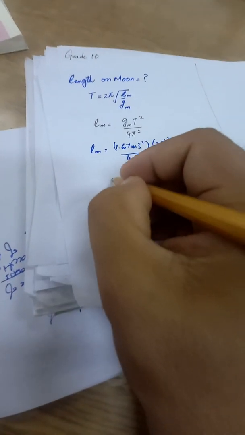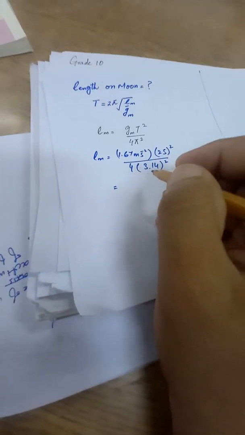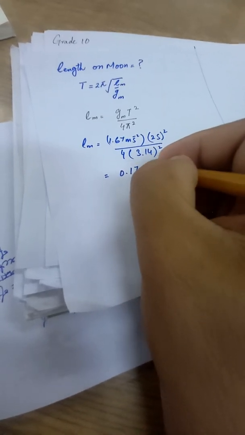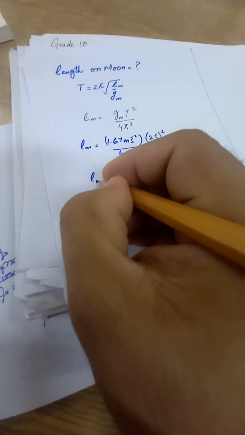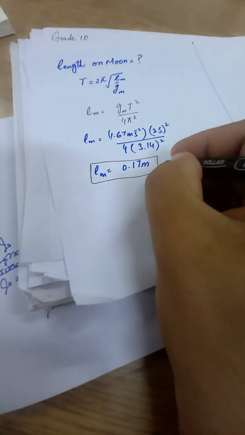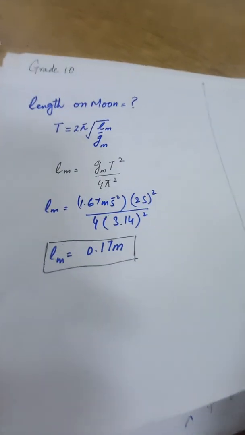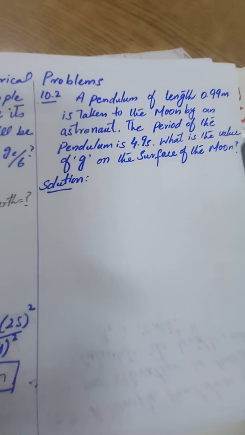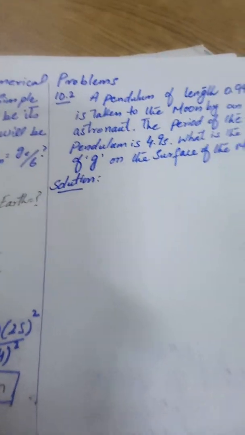So we get the length on the Moon, which is equal to 0.17 meter. So we find both the values of the length on Moon as well as on the surface of the Earth. Okay, now we are solving the second problem of this chapter.